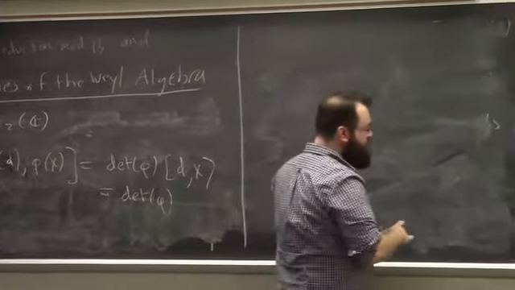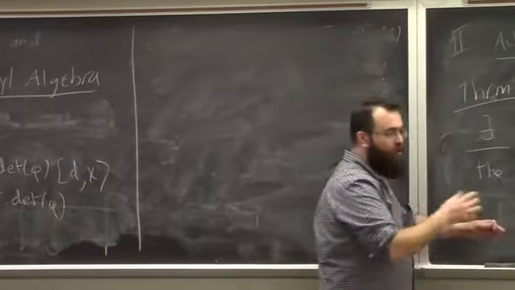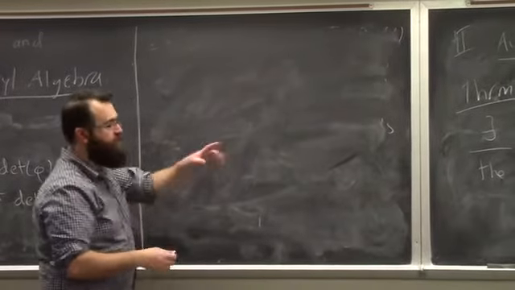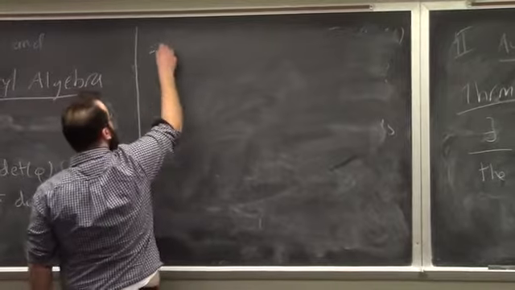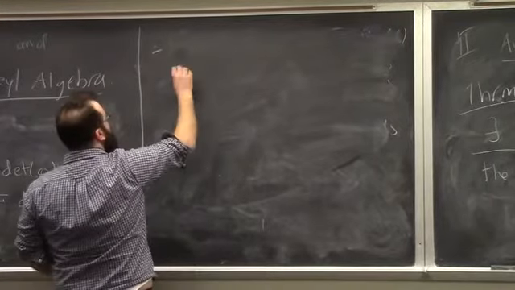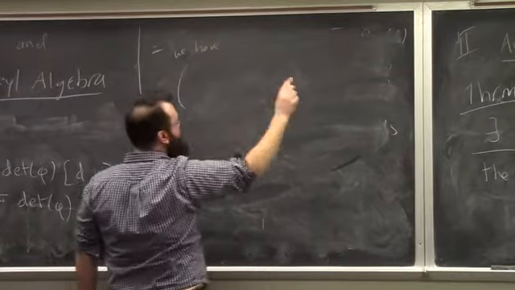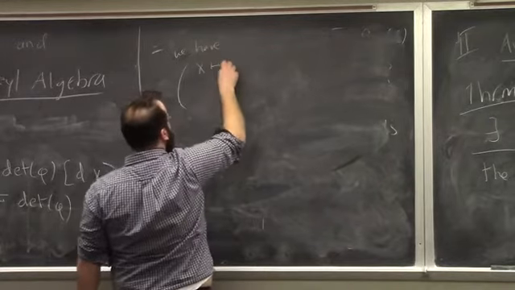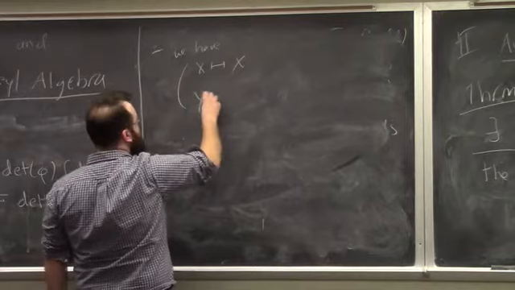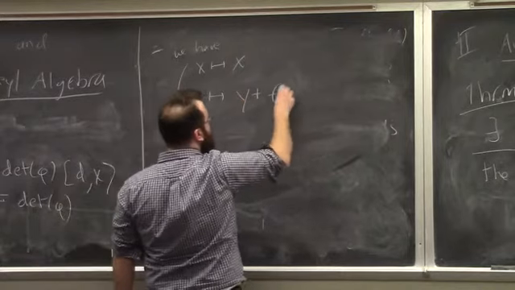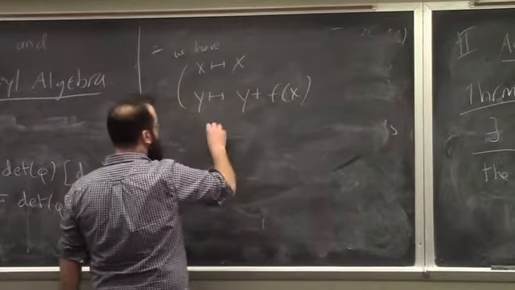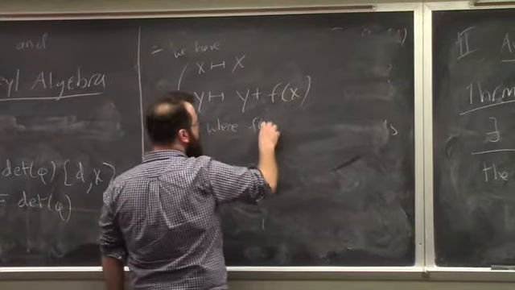And then he says, well, there are more automorphisms of both of these things than that. So in addition, we have the following groups. We have the following automorphism of A2. You can take X to X, and you can take Y to Y plus F of X, where F of X is any polynomial.